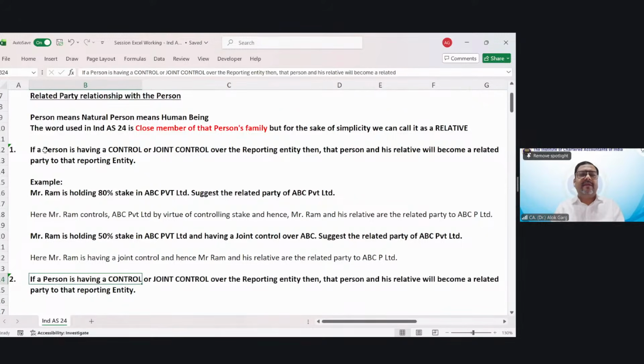So even I can write if a person is having a control or joint control, or shall I write significant influence here only, Saminathan? Significant influence, right? And I'll put the example here only, right? Yes, Saminathan, that sounds good.